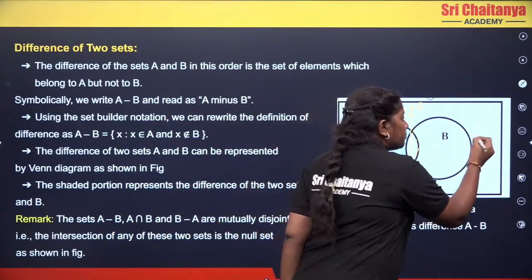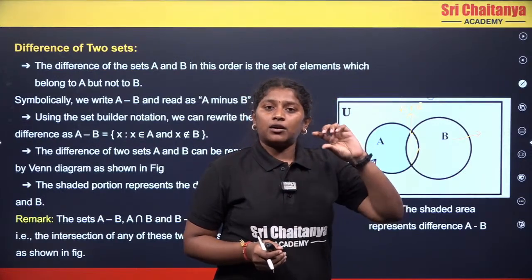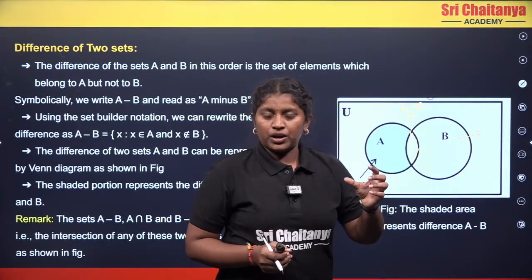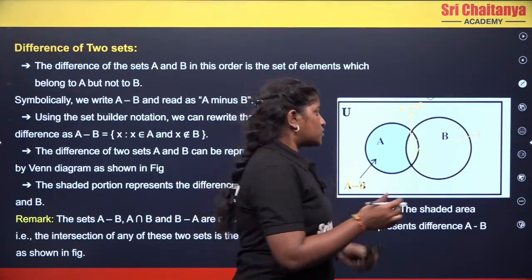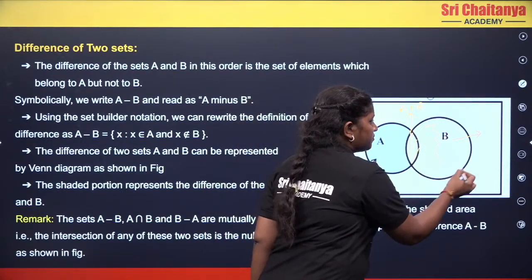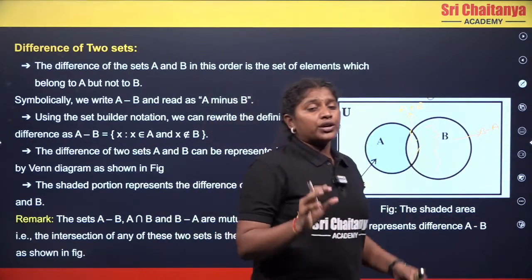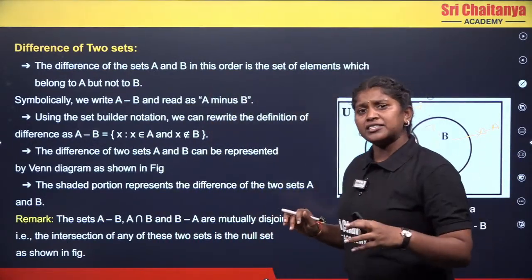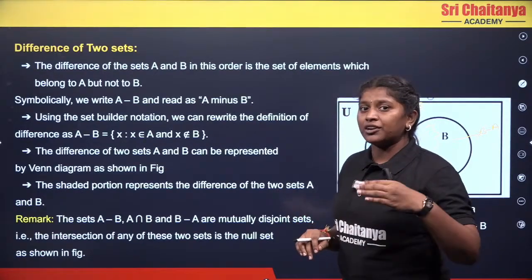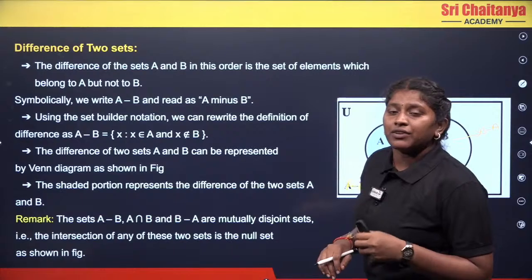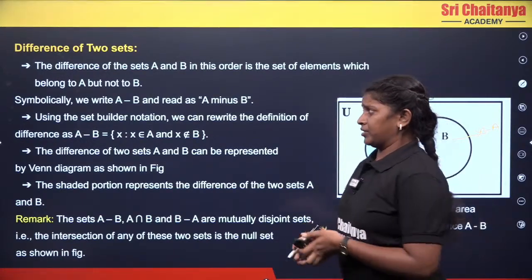So if we are doing B minus A, it means the elements that completely belong to the set B. Okay. And we are just not taking the common elements between the A and B. So here this complete portion will become B minus A. Okay. So here there is a difference between the A minus B and B minus A. So please be careful regarding whatever they are asking. So check whether they are asking A minus B or B minus A. Okay.